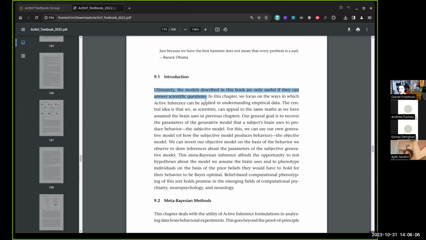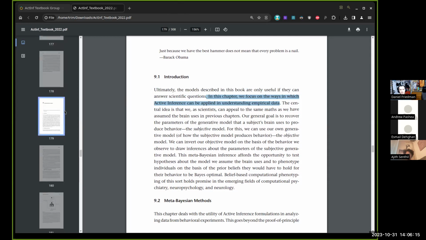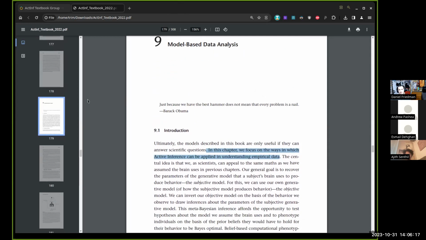under this scope. Anyways, in this chapter, we focus on the ways in which active inference can be applied to understanding empirical data. So that's the big plot twist in chapter 9: up till here, everything has been proposed as intrinsically coherent, like the rat in the T-maze or other calculations.